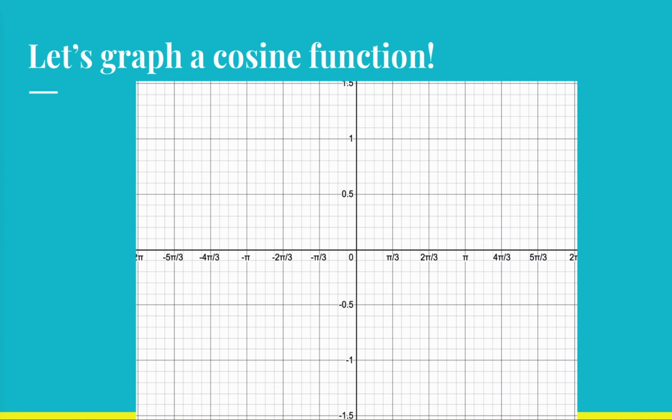It's not a great graph, but I'm a math teacher, not an artist. Your cosine function, right? So again, using your unit circle, your cosine at 0 radians, this point is (1, 0). So your cosine is 1. At pi over 2 radians, you're at (0, 1). Your cosine is 0.